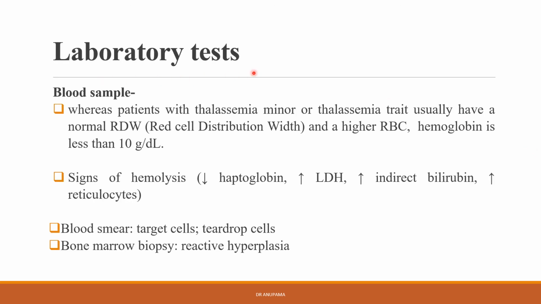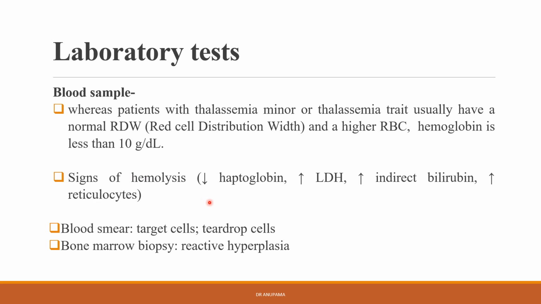Laboratory tests: here they collect blood samples and do the tests. Patients with thalassemia minor or thalassemia trait usually have a normal red cell distribution width and a higher RBC count. Hemoglobin is less than 10 grams per deciliter.